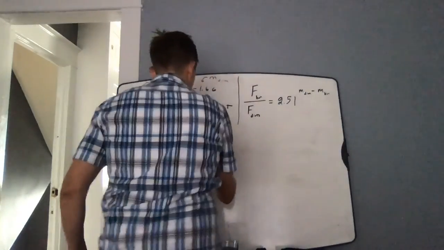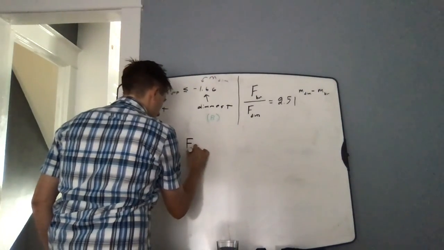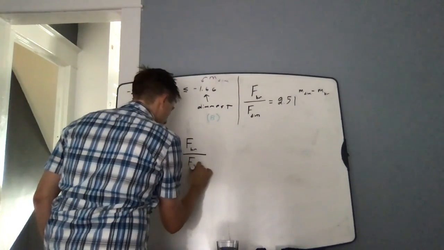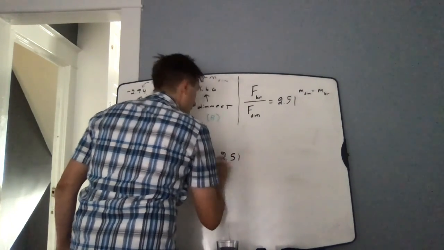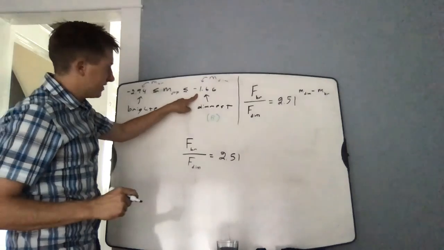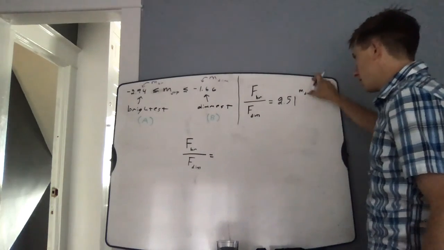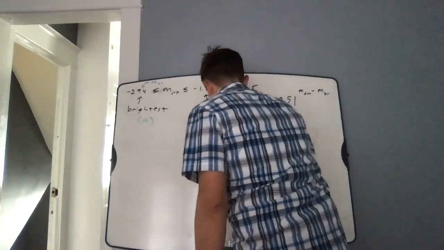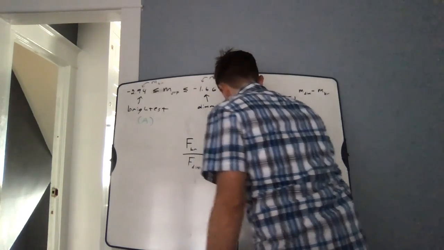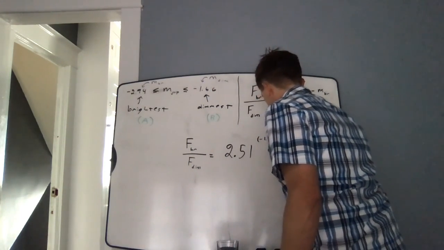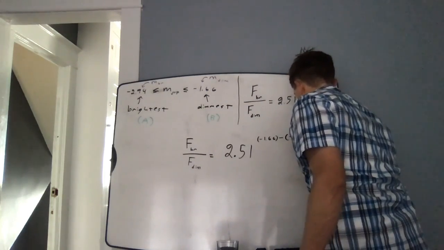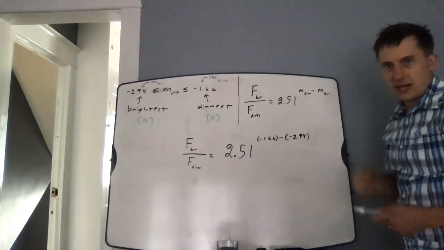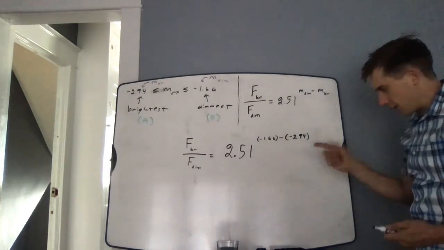So I could say F bright over F dim is equal to 2.51. The magnitude when it is dim is negative 1.66. I'm going to write this bigger just so I don't accidentally confuse and think this is downstairs. 2.51. Then I have negative 1.66 minus negative 2.94. I included extra parentheses just to be careful.